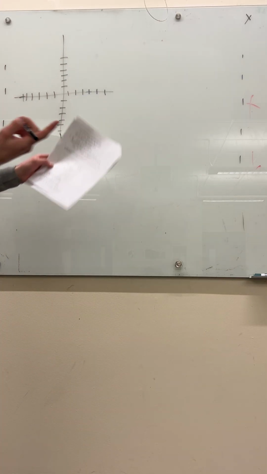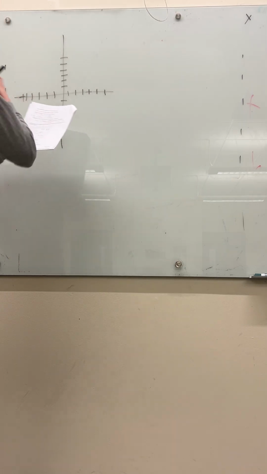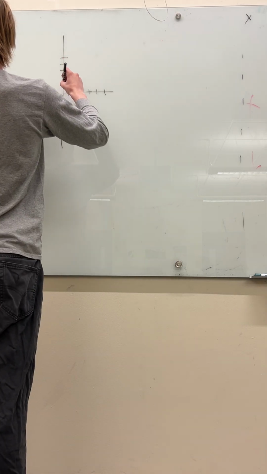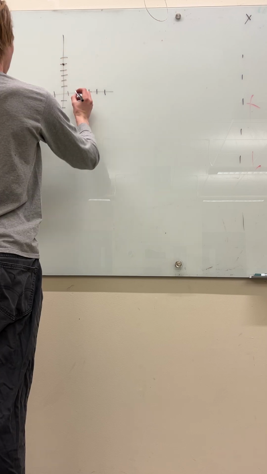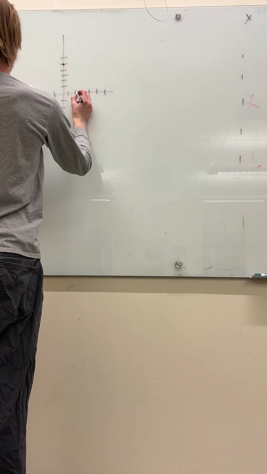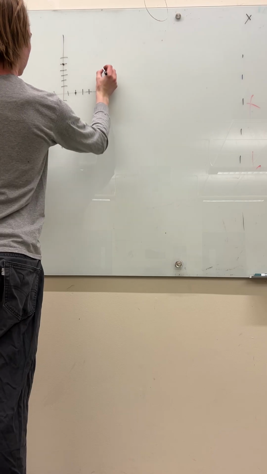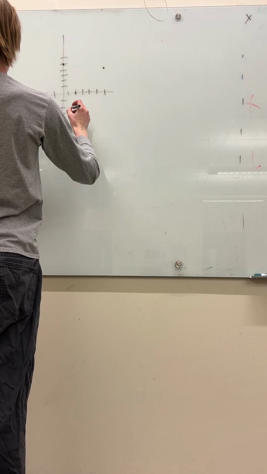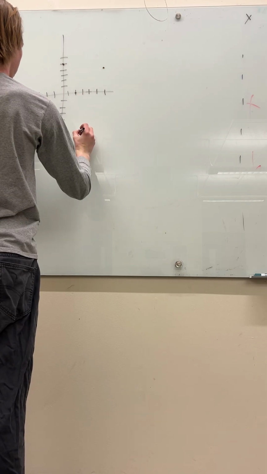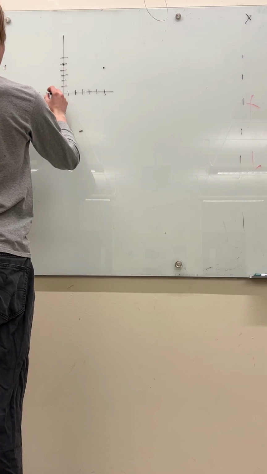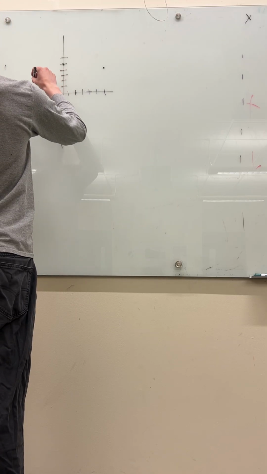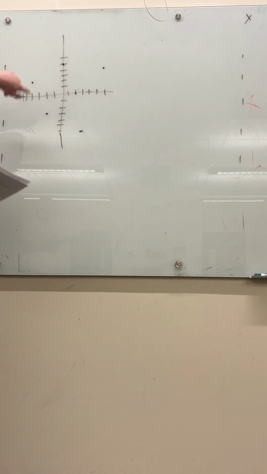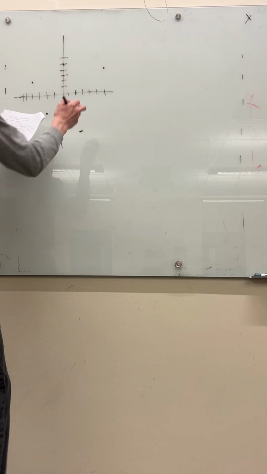So the points are already there. The points are given. They're written in red. Labeling them.